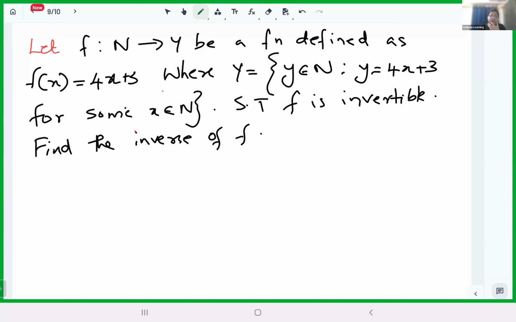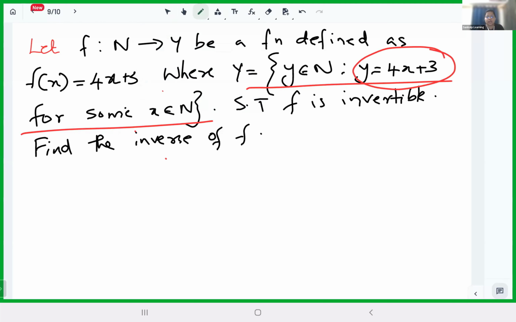Okay, the function is defined from the set of natural numbers to Y. What is Y? That is also defined here. Y is nothing but the collection of y element of N. Y is definitely a member of the natural numbers itself, but it has another condition, that is y is equal to 4x plus 3. It is a set of natural numbers, but all natural numbers are not included, only those numbers which are in the form of 4x plus 3.